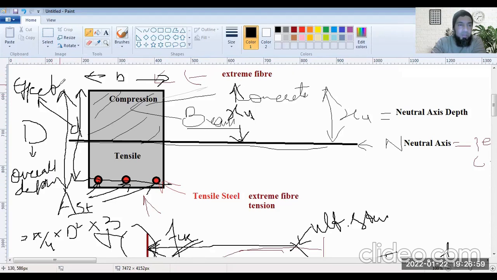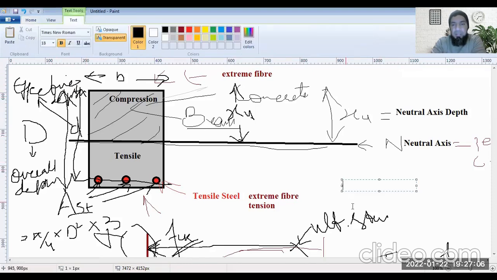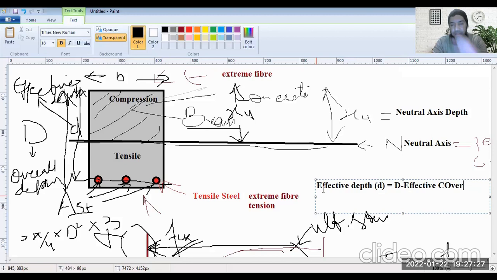Effective depth, which is small d, is capital D minus the effective cover.